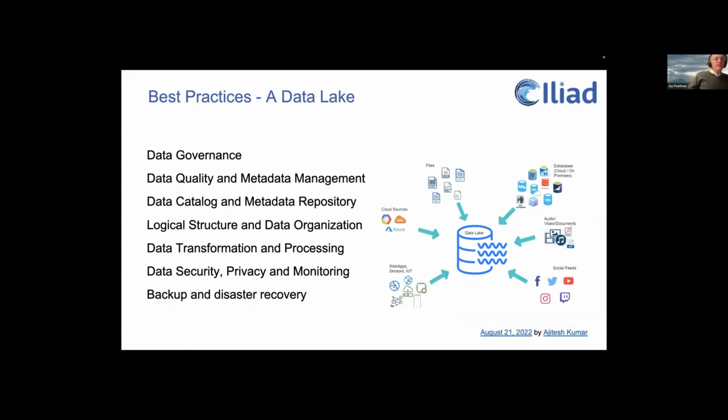Let me turn now to the best practices. These are very similar to the ones that we see at the system level. And I would just emphasize that we also need to deal with various security issues such as backup, disaster recovery, and a logical structure so that we can easily get access to data.